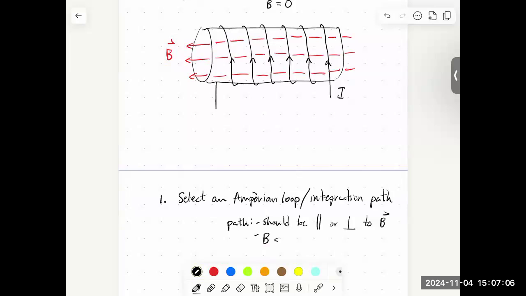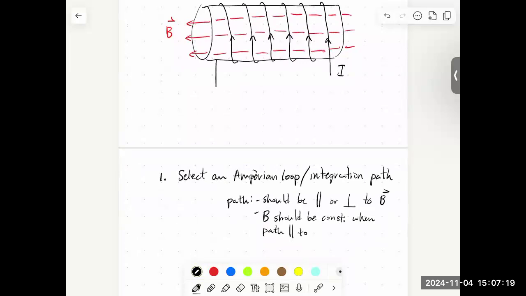So B should be constant when our path is parallel to B. In fact, that's probably good enough. So those are the two conditions that I want to satisfy. In a region of space where B is 0, I don't care. I could choose my path to have any shape I want.